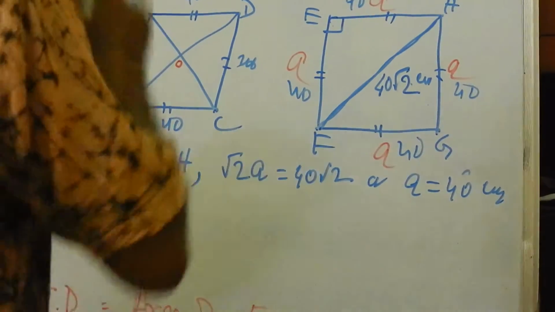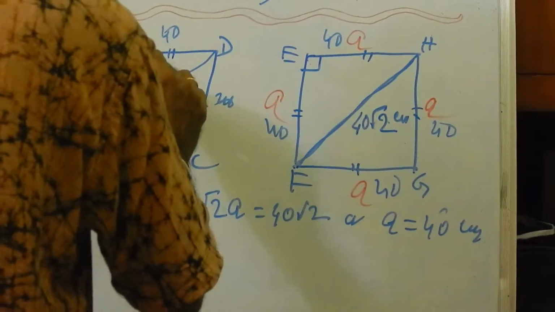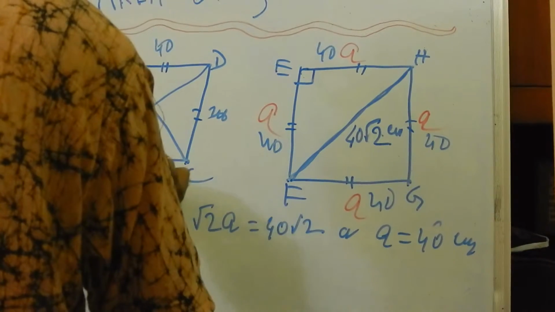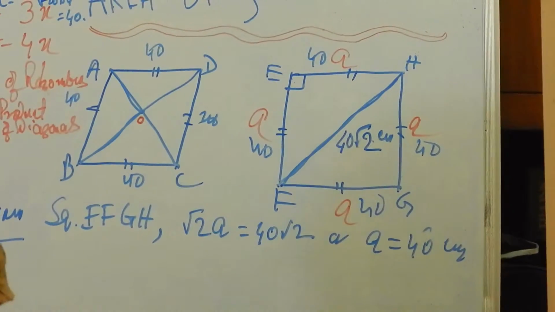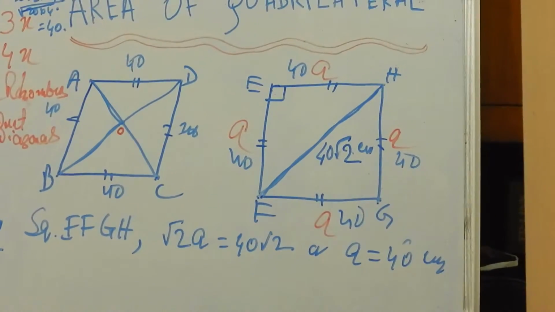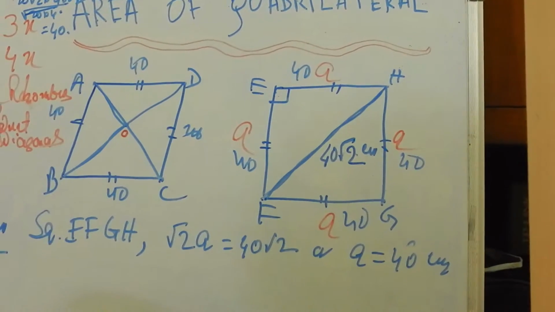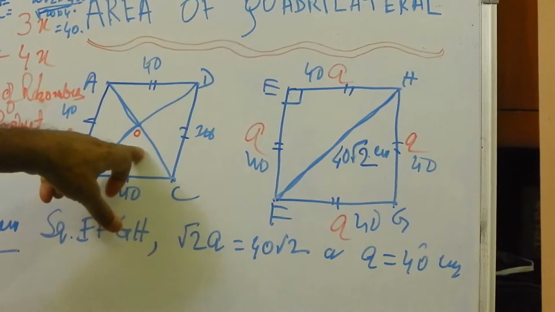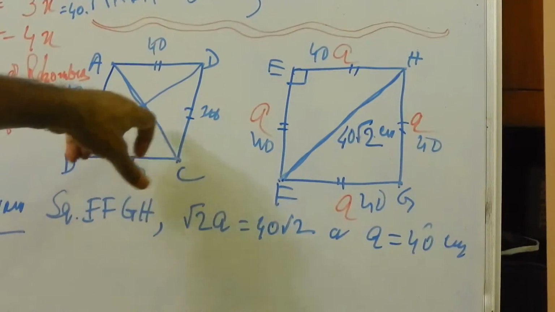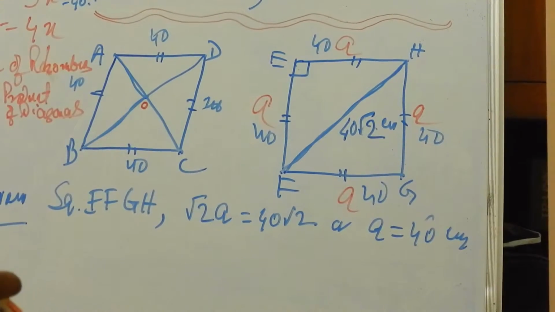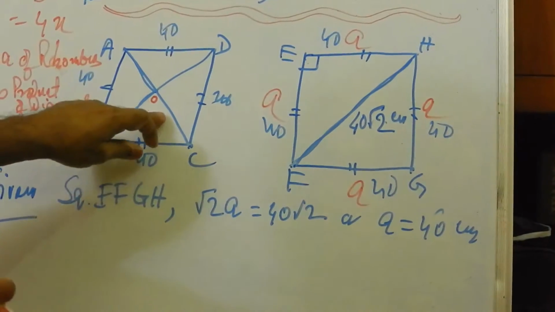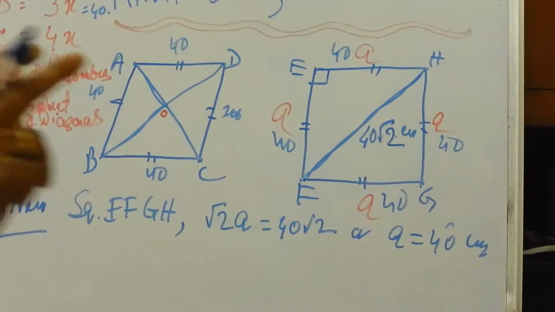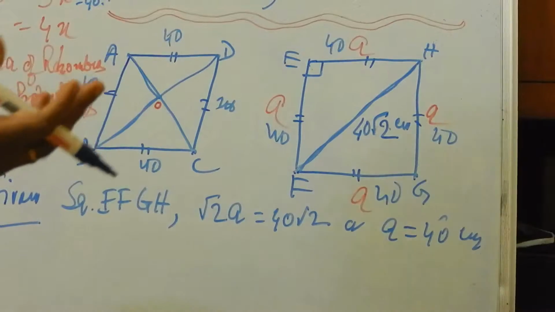So now in case of rhombus, you must know that the diagonals bisect each other at right angle. The diagonals of a rhombus must be unequal because it is a rhombus.